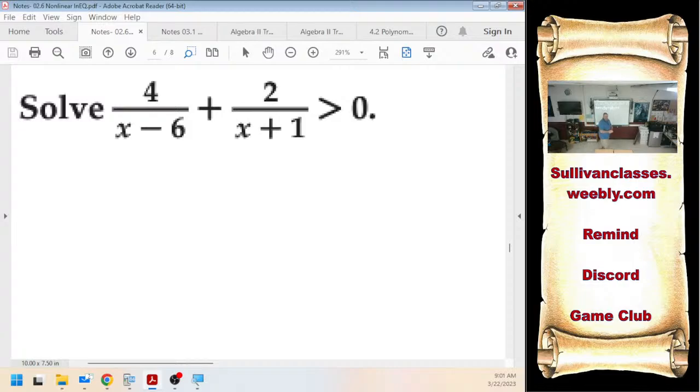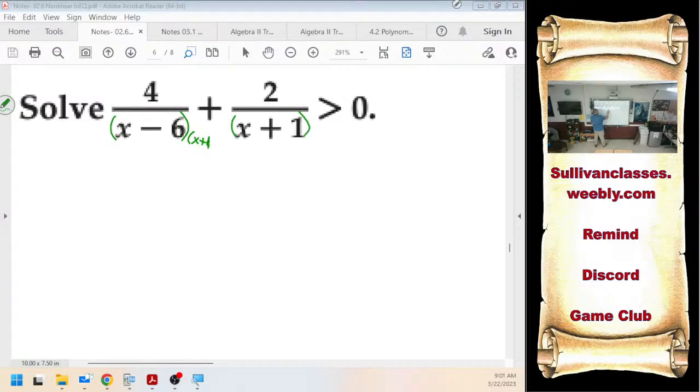So, if I want to know where this particular rational function is greater than 0, I need to find its x-intercepts and its asymptotes. I can't do that while it's broken apart. Common denominators. Womp womp.